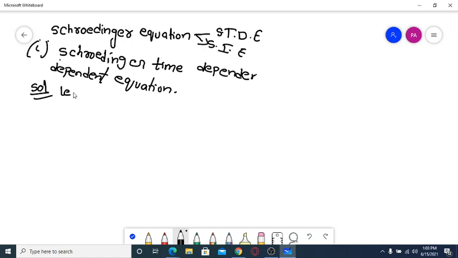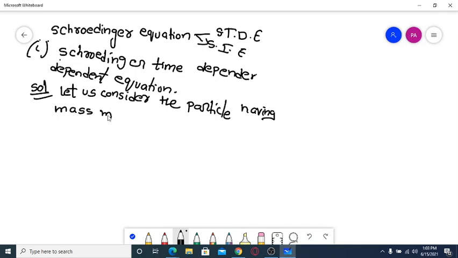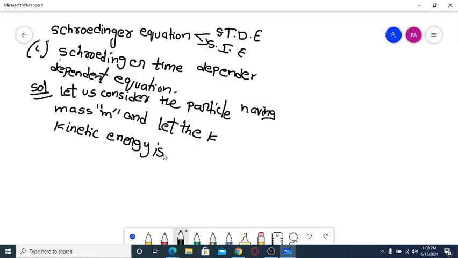Let us consider a particle having mass small m, and, as we saw in the last class, let the kinetic energy be p square by 2m.